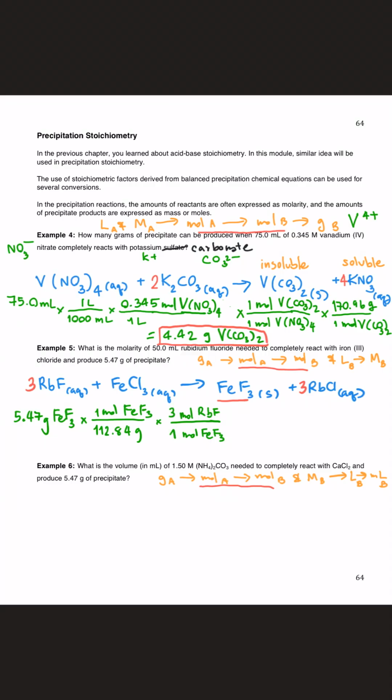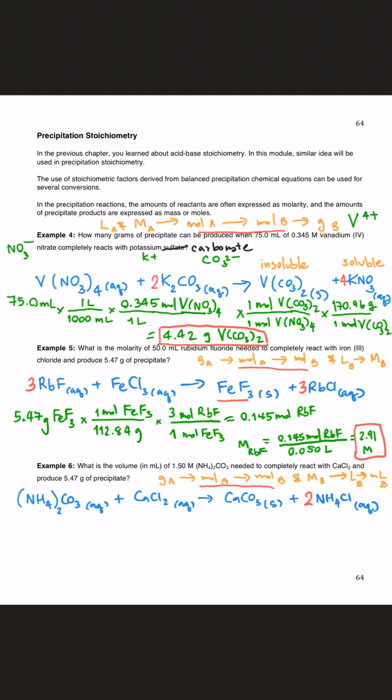You will get the mole of rubidium fluoride equal to 0.145 mole. Next, to find the molarity of rubidium fluoride, we divide mole of rubidium fluoride by its volume, which is 50 milliliter converted to liter, equal to 0.05 liter. And we will get the molarity of rubidium fluoride equal to 2.91 molar.